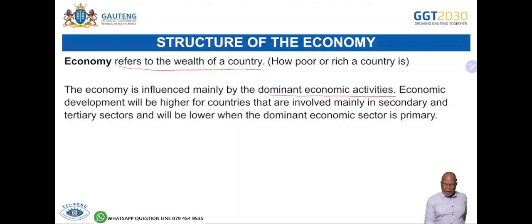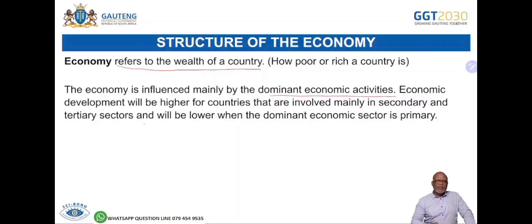So economic development will be higher for countries that are involved mainly in the secondary and tertiary sectors. If a country is to develop its economy higher, it must focus on the secondary sector and on the tertiary sector, because the tertiary sector provides services and services are more expensive, and the secondary sector provides goods, and finished goods are more expensive than raw material.